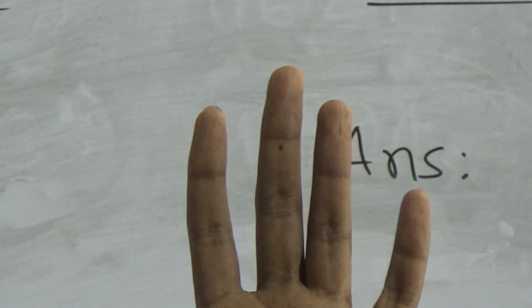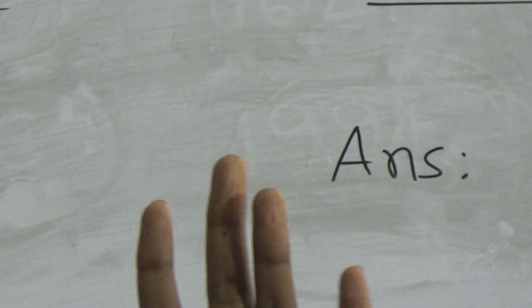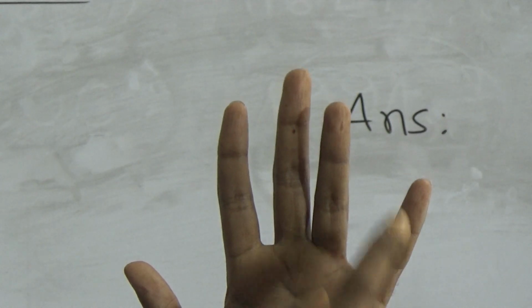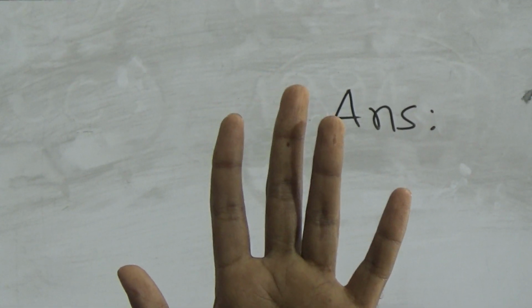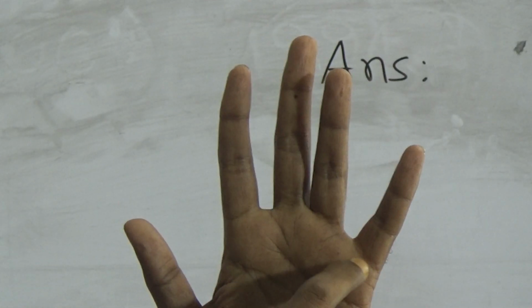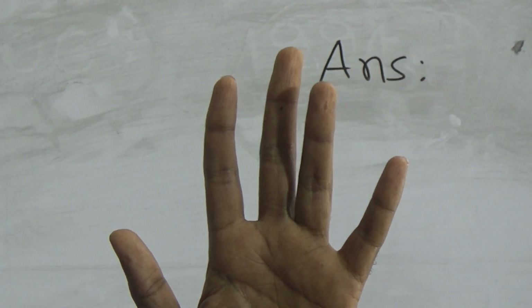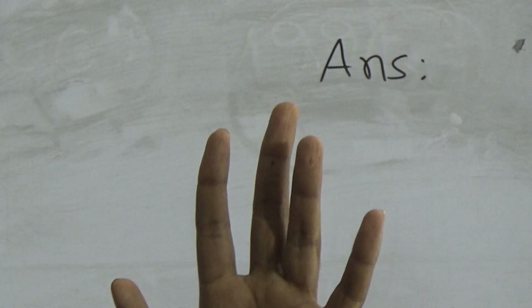In this way you can count your fingers. If I ask you where is 5, you say, sir, starting from here to here this is 5. If I ask where is 6, you say, sir, starting from here to here this is 6. Like this way you have to count your fingers.